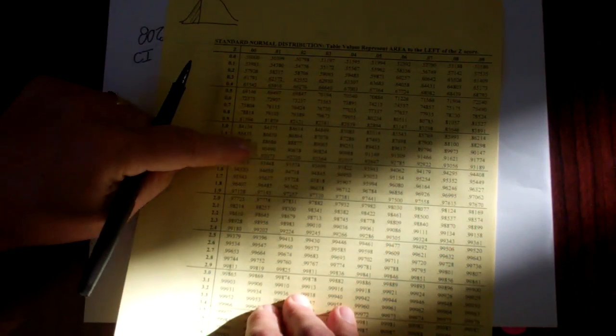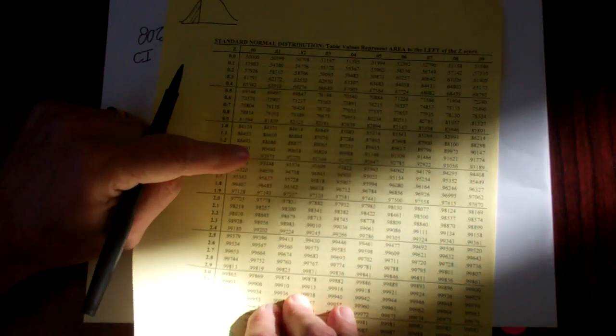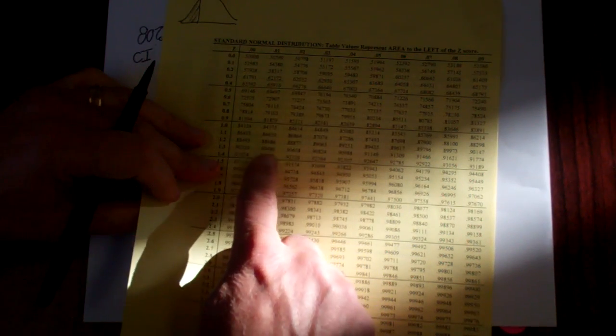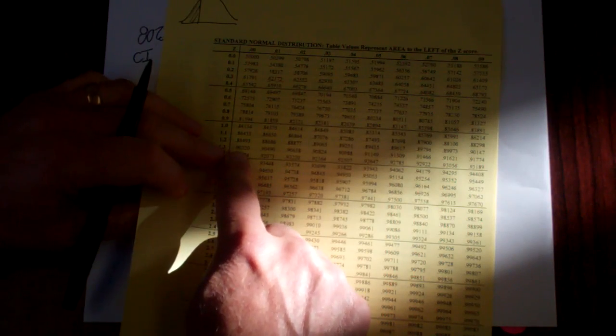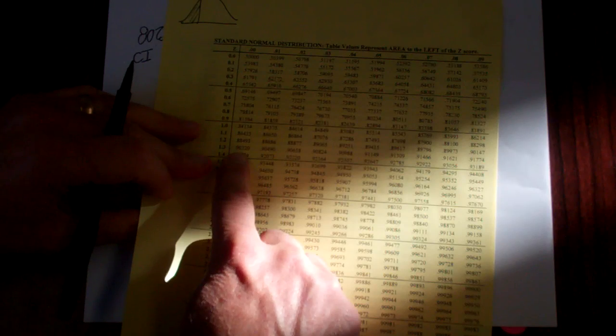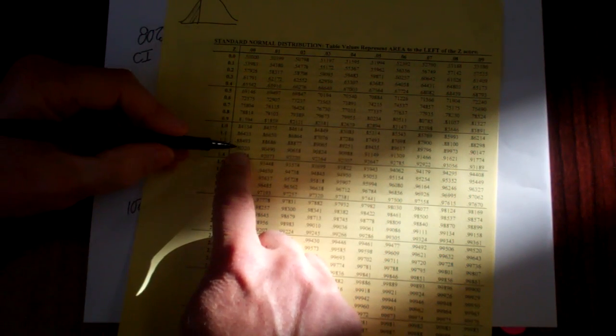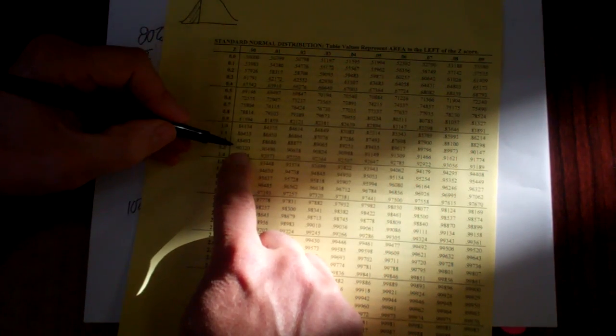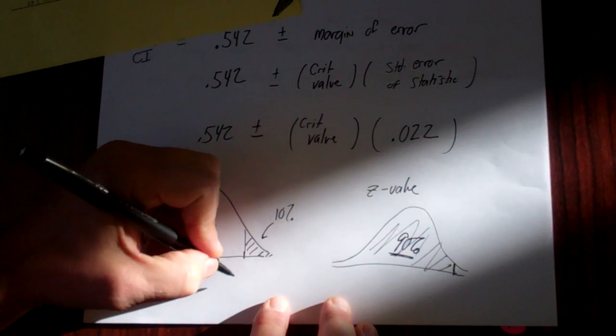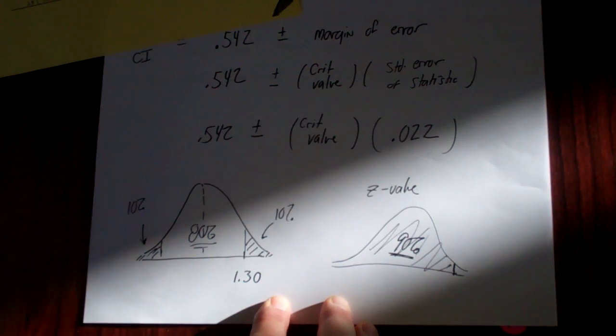Instead of finding the z, we're going to look into the middle of the table and try to get as close to 0.90 as we can. There's 0.9032, 0.88, 0.90. If you look to the left, that's 0.903. So that's 1.30. It's not exact, but it's really close. So the critical value here is going to be 1.3.